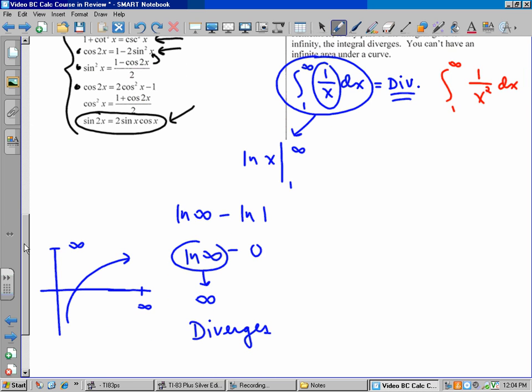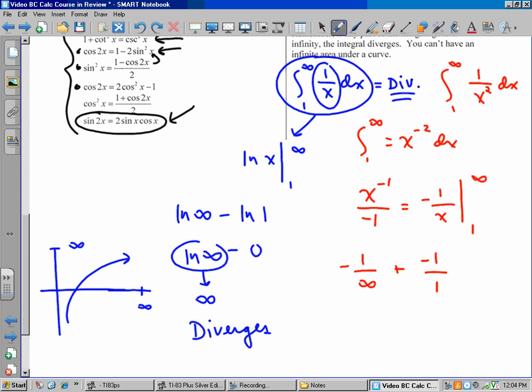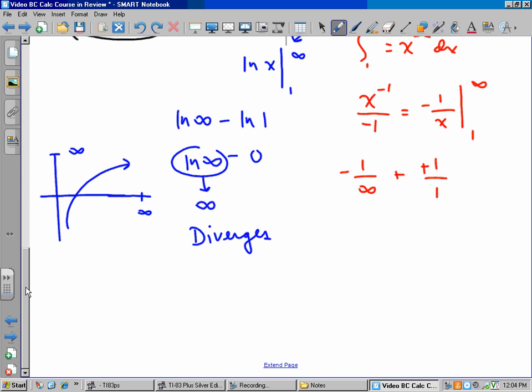Compare that to this integral here, where we're integrating from 1 up to infinity of x to the negative 2 dx. So if I add 1 divided by my new exponent, I have that. And I'm plugging in infinity, 1, and subtracting. This is where the limit end of things comes in, right?